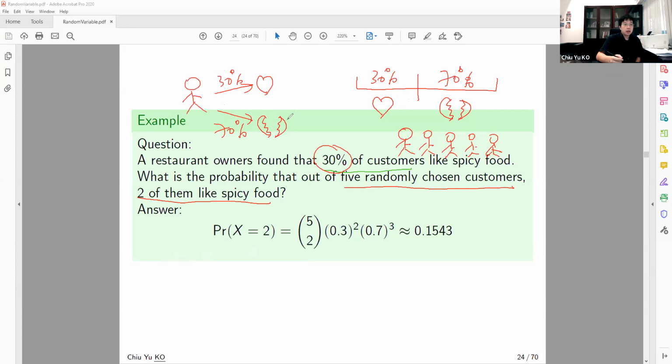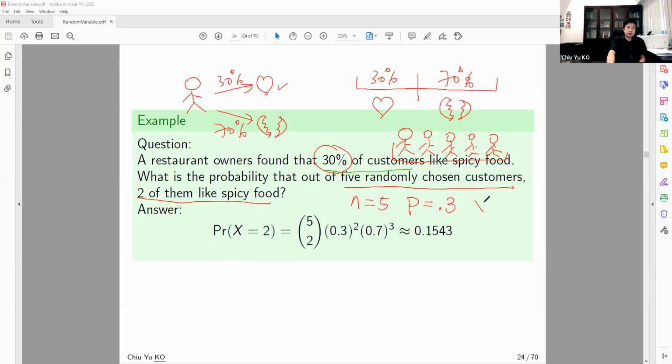I ask 5 people. What is the probability that 2 of them like it? So how do we calculate this? This is exactly the binomial distribution. So we take n equal to 5, and p, the probability of success, meaning liking it, is 0.3.